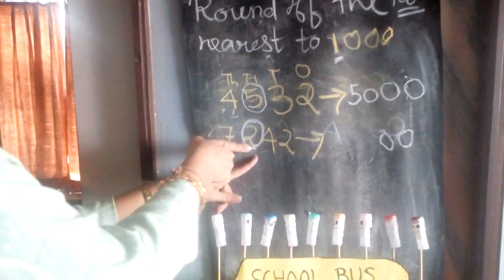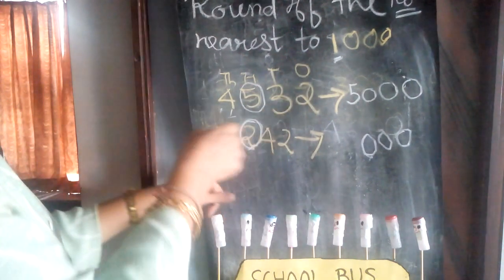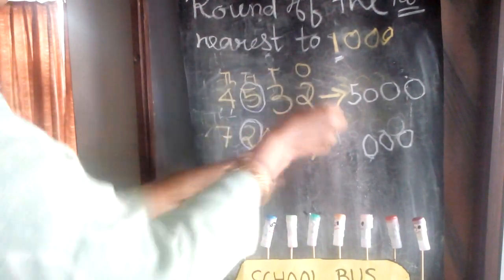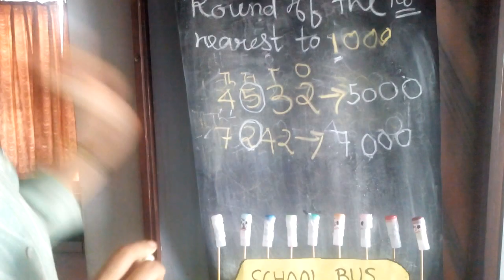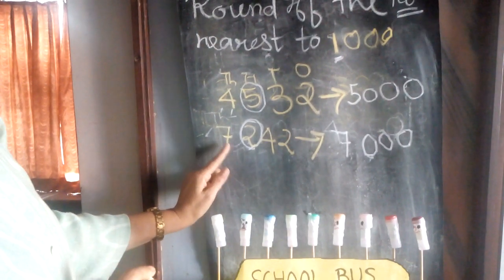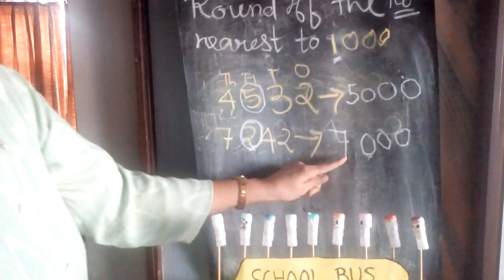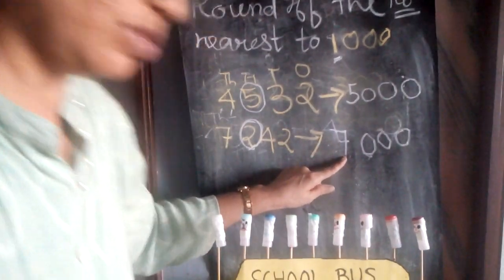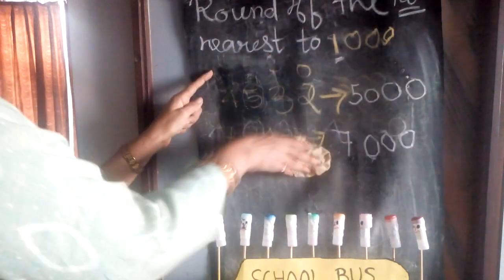Your 100 place will be also 0 because 0 kilometer. And your 1000 place will not be changed. Understood? So your rounding of 7242 to nearest 1000 is 7000. And so on, children. The process is very simple.